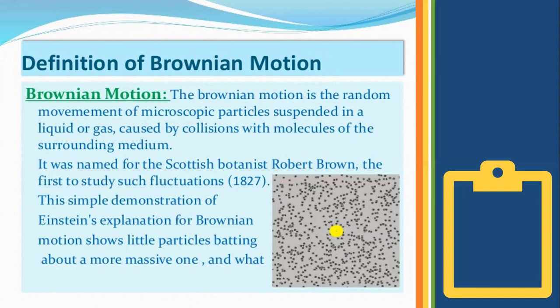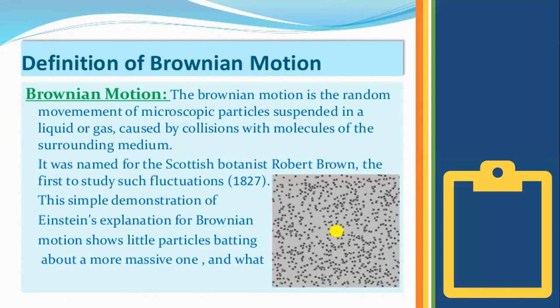So it's the random haphazard movement of particles as they collide in air or water. The simple demonstration of Einstein's explanation for Brownian motion shows little particles batting about a more massive one.